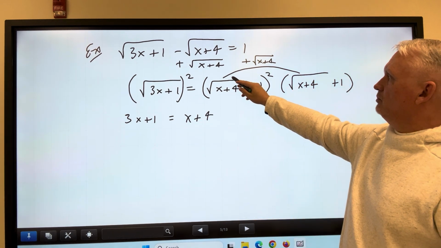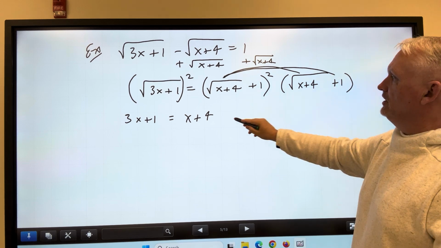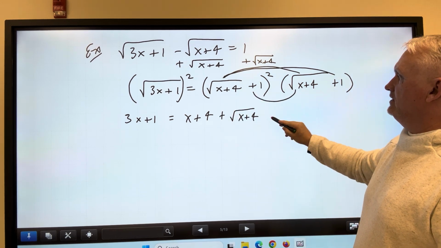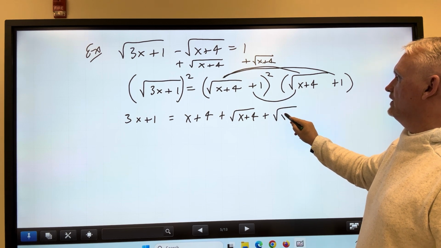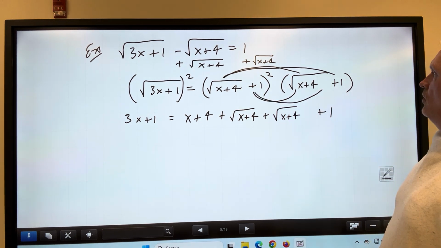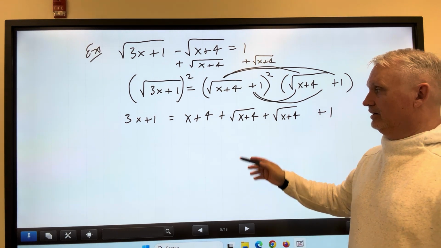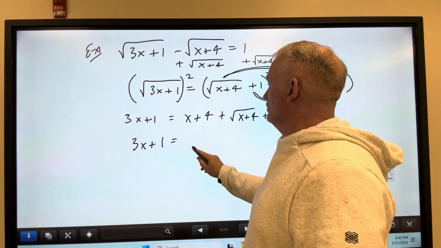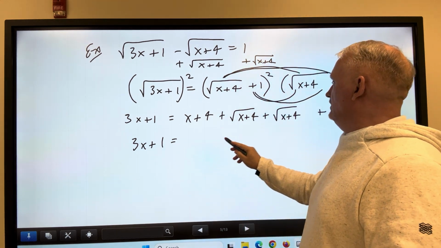Great. Now let's multiply these. Well, that's just plus the square root of x plus 4. And the inside, well, that's just plus the square root of x plus 4. And the last, which is 1. Still got work to do. 3x plus 1 is equal to, now I'm going to start to combine some like terms.